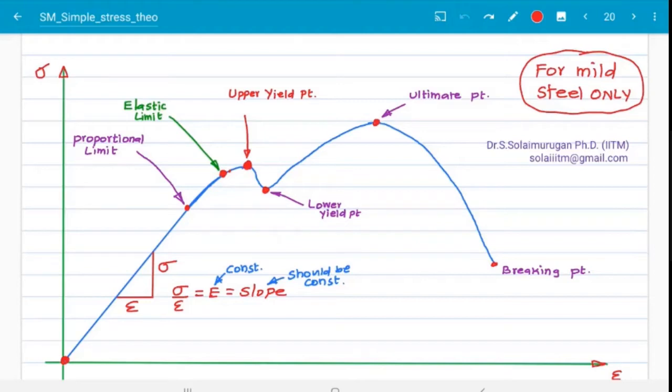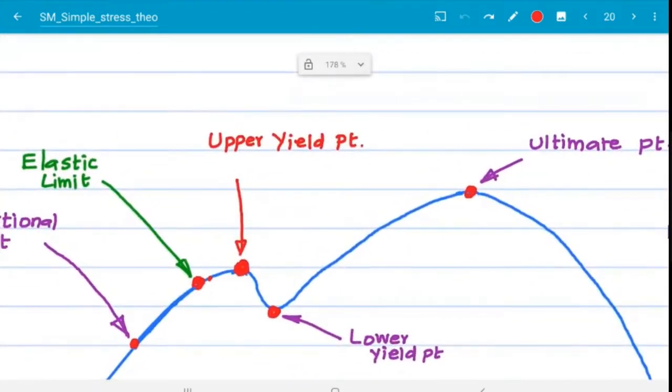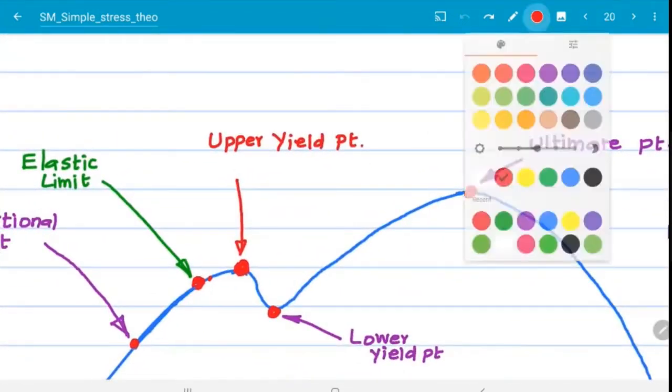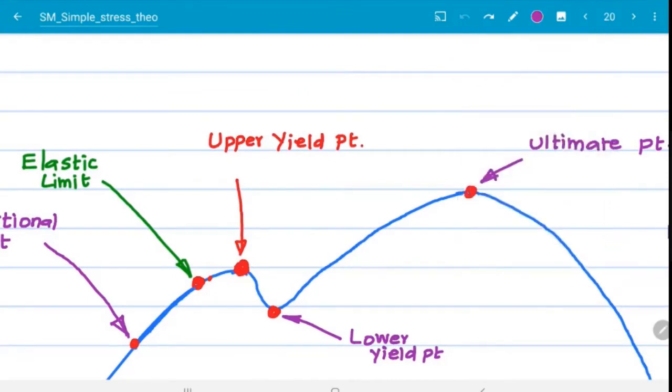No need to go up to the ultimate point or breaking point. So mild steel will fail at the yield point itself. Upper yield point is called the failure point.